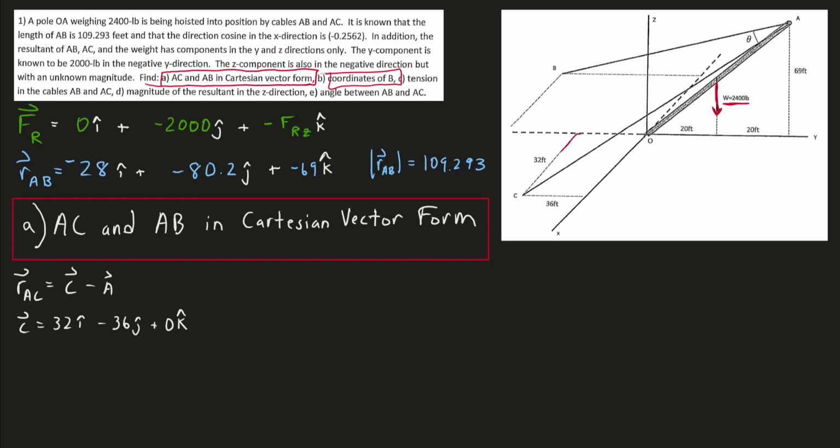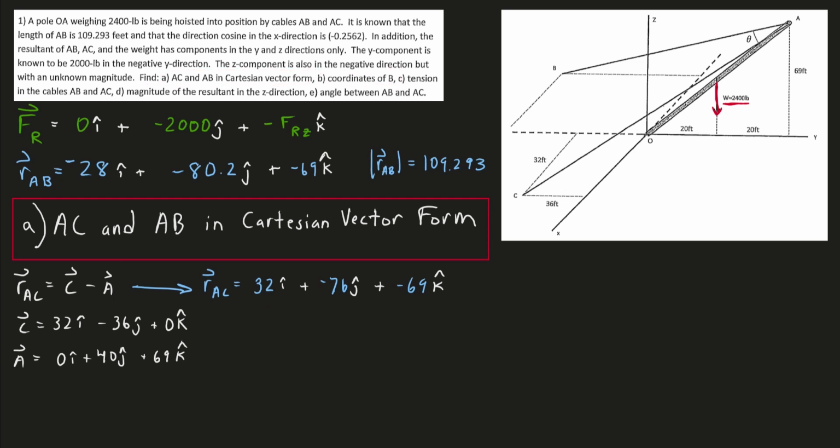Got a positive 32 in the x, a negative 36 in the y, and of course it's on the floor, so 0 in the z. And of course we've already talked about A. Alright, so if we do coordinates of C minus the coordinates of A, we'll get, and now we have AC, at least the position vector AC, in Cartesian form.